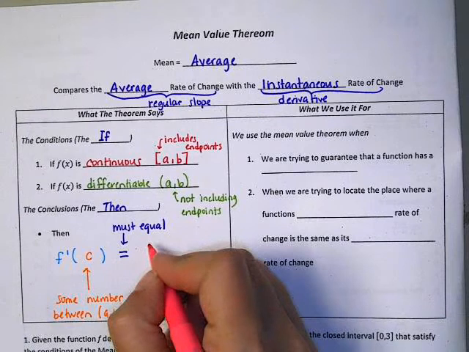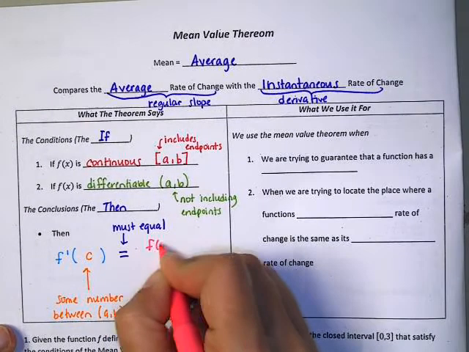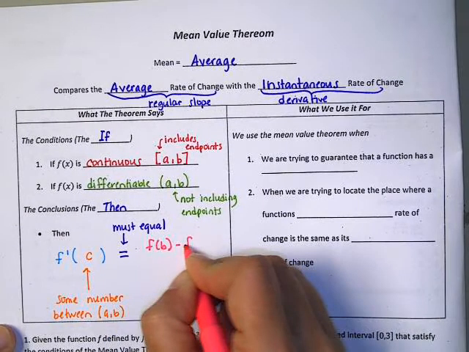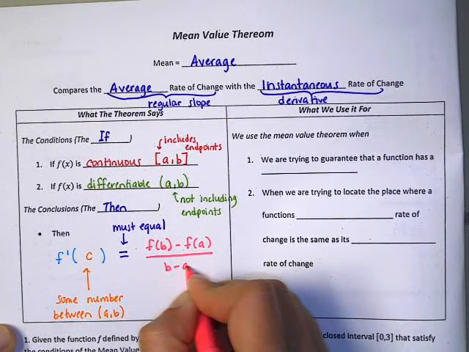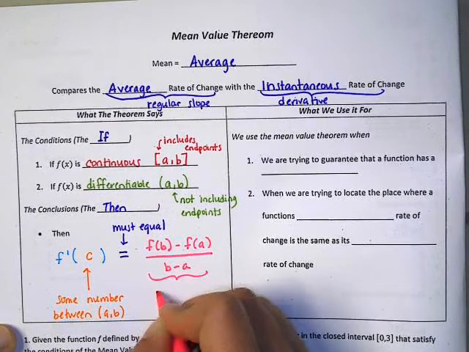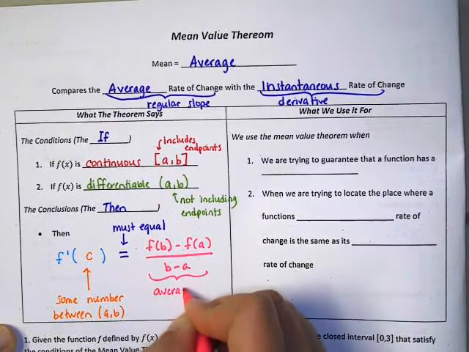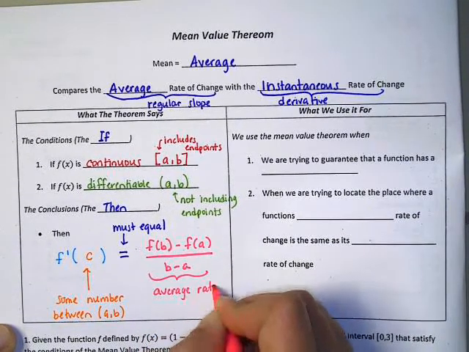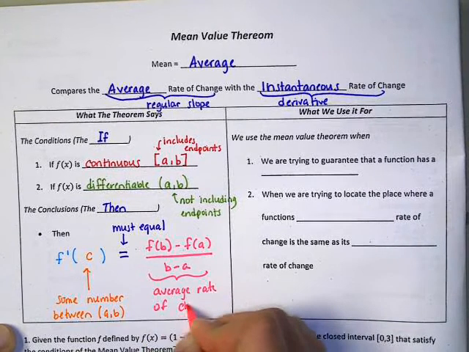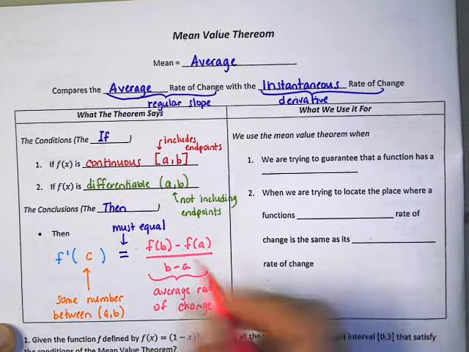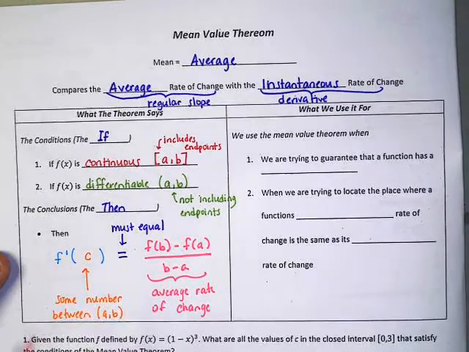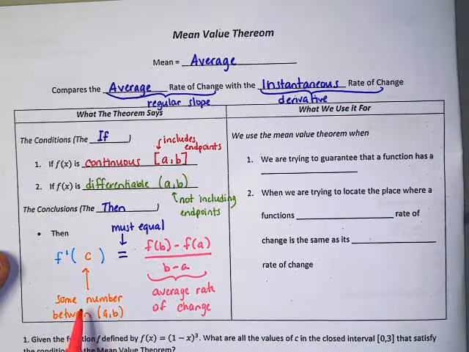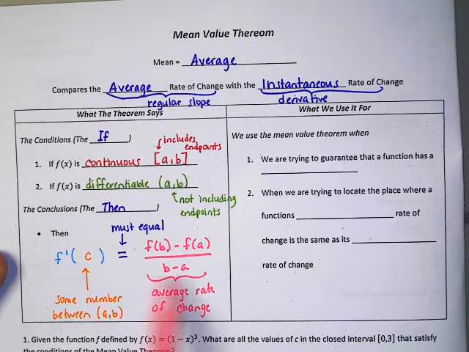To describe the average rate of change, we usually write f of b minus f of a all over b minus a. So the instantaneous rate of change, the derivative, at some number, has to equal the average slope.